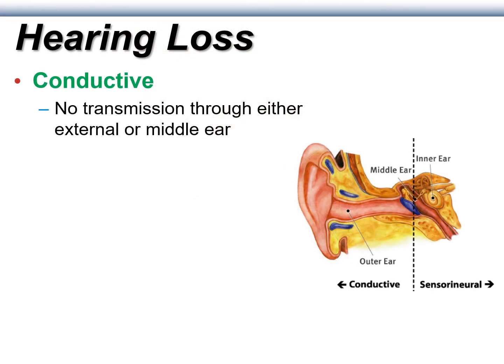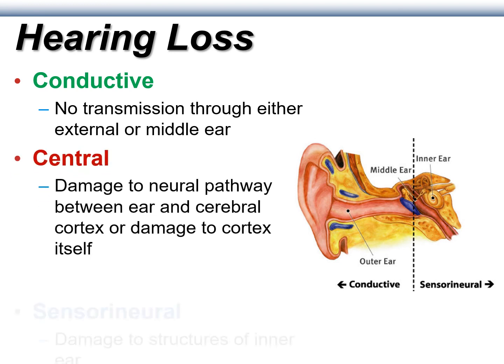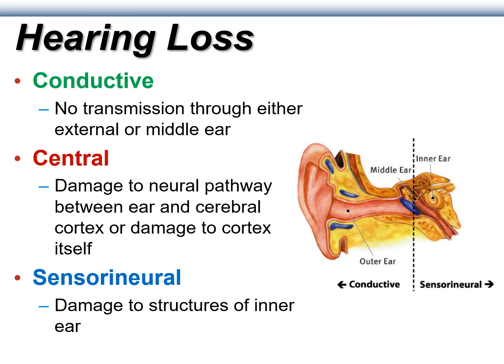And I've already mentioned this, but here's a figure for you. Conductive hearing loss is basically anything that involves the middle ear out. So the pinna or the structures of the outer ear, the ear canal, the tympanic membrane, or the three bones. That's called a conductive hearing loss. Interestingly enough, if you do certain tests, you can actually discriminate between a conductive hearing loss and either a central or a sensory neural hearing loss.